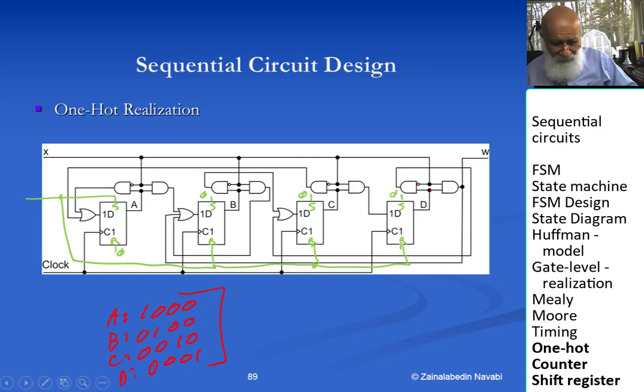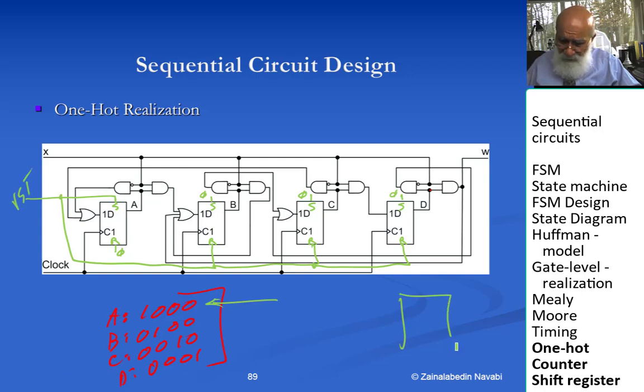Okay, and so when you put a 1 here on this set input of the first one, it will put a 1 into the first one and then 0 into the rest of them. That means it starts in state A, and this becomes your reset. Notice that the flip-flop symbol I have used is using asynchronous active high set and reset inputs.